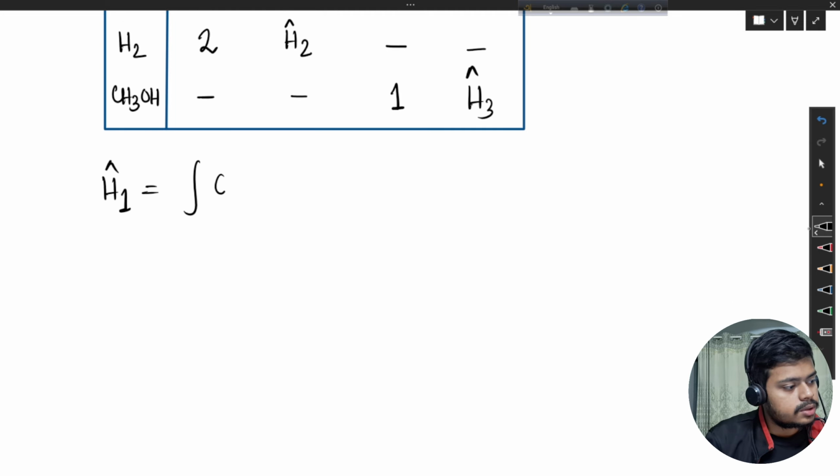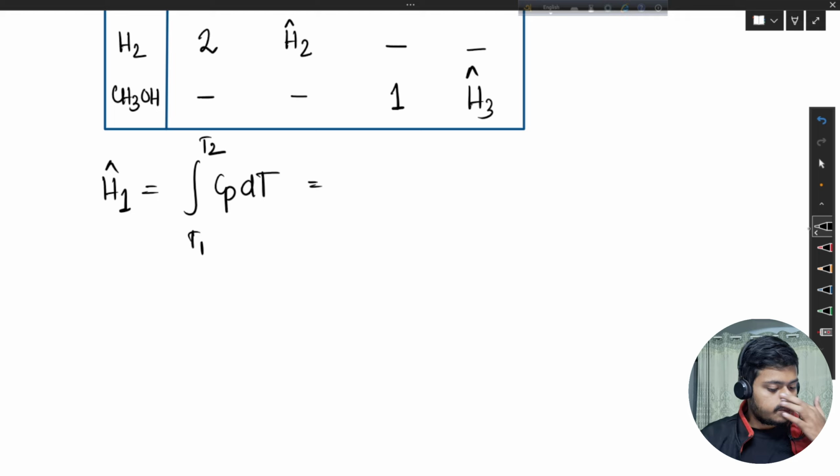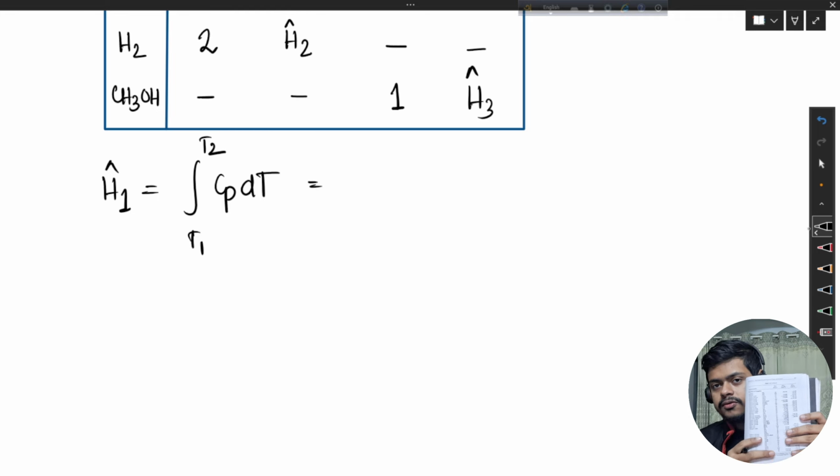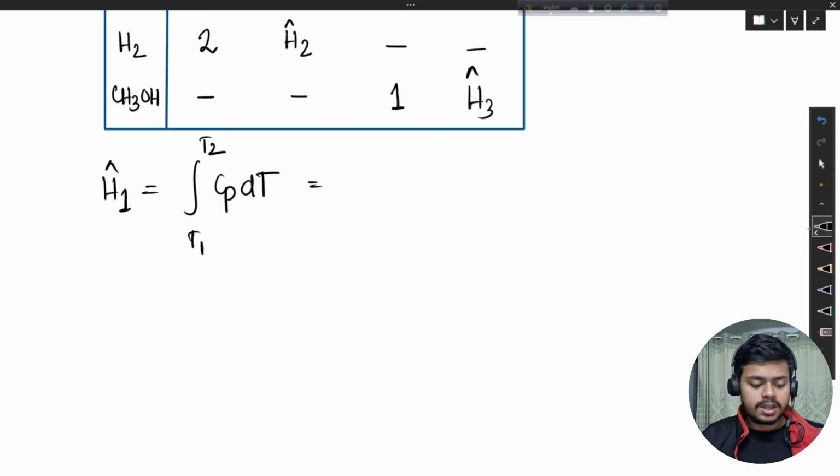So we're going to use this equation for calculating H1, using the integral of CP dT from temperature 1 to temperature 2, and again we're going to use the data booklet from the book of Smith, table C1, where the heat capacity functions for various substances are given.